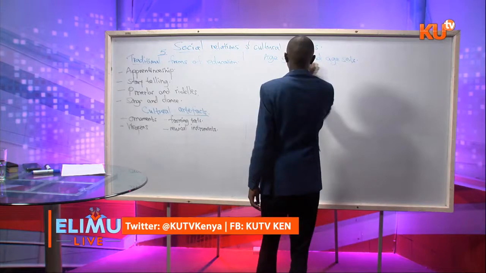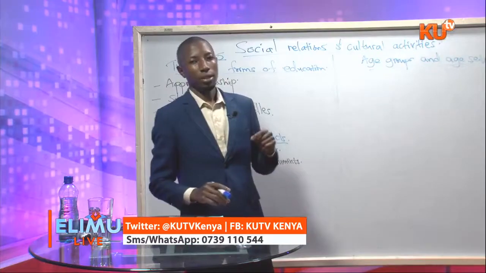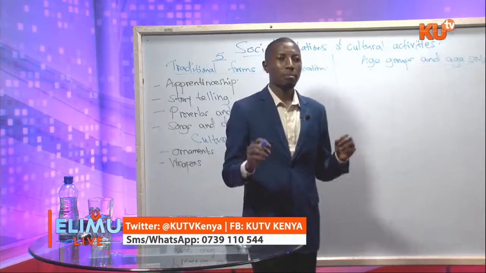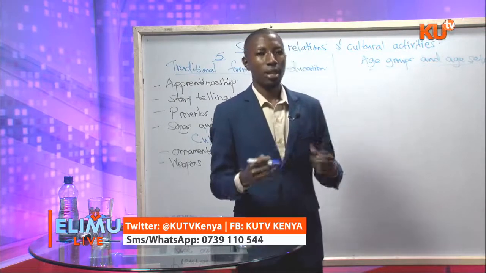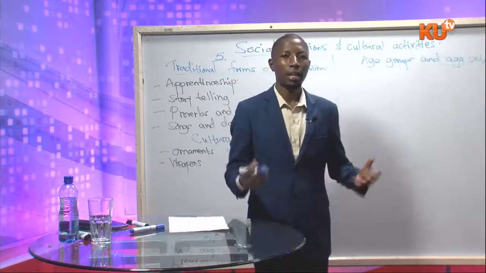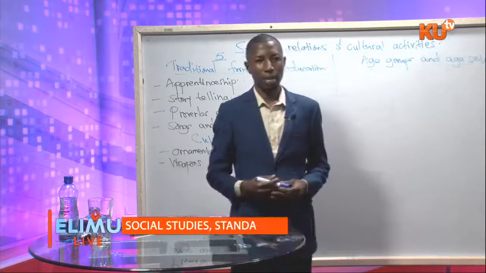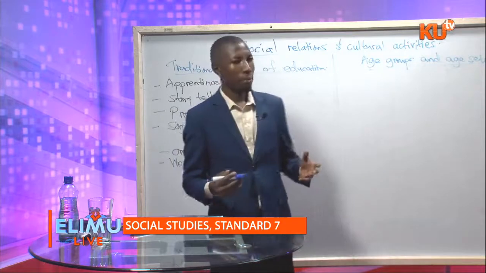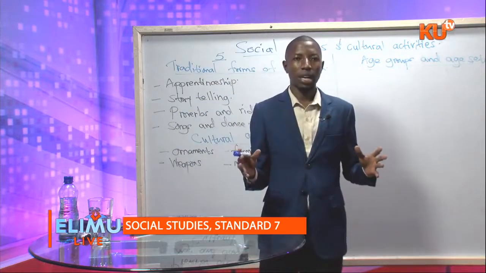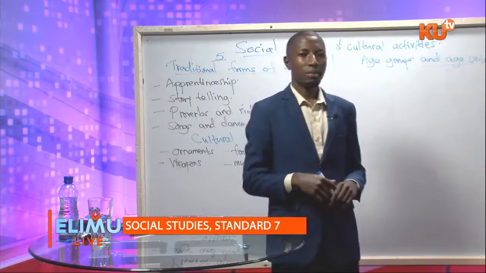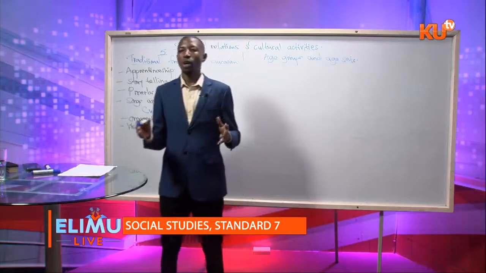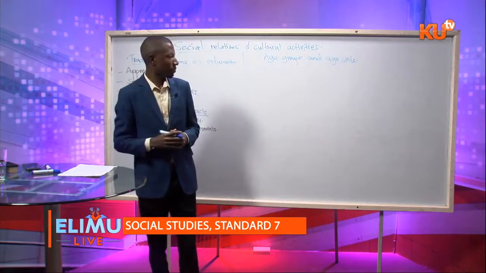An age group is a group of people who were born at almost the same time and initiated at the same time and married at almost the same time. These people formed an age group.